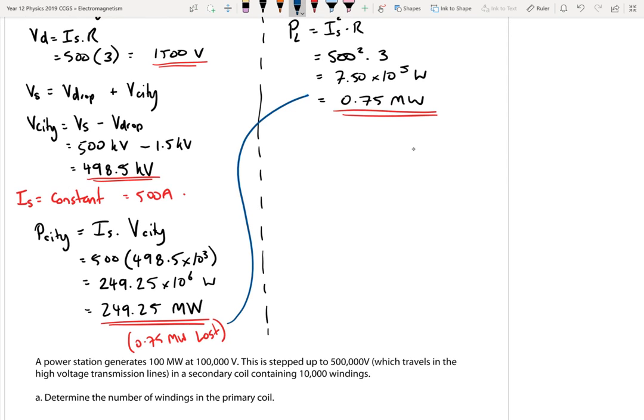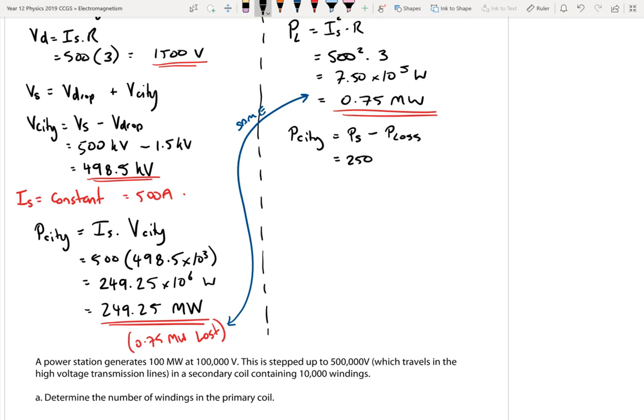down here. Okay? So we did that at the end of the previous method. We figured out that 0.75 megawatts was lost, which is the same. Okay? All right. Let's now use our conservation that the power that the city receives is going to be the power at the supply minus that which was lost.